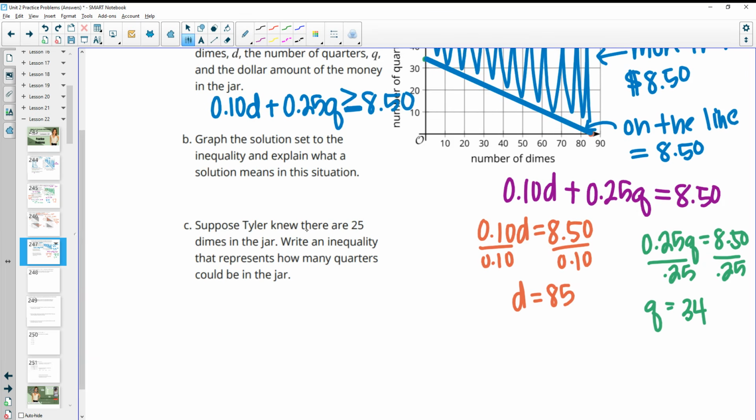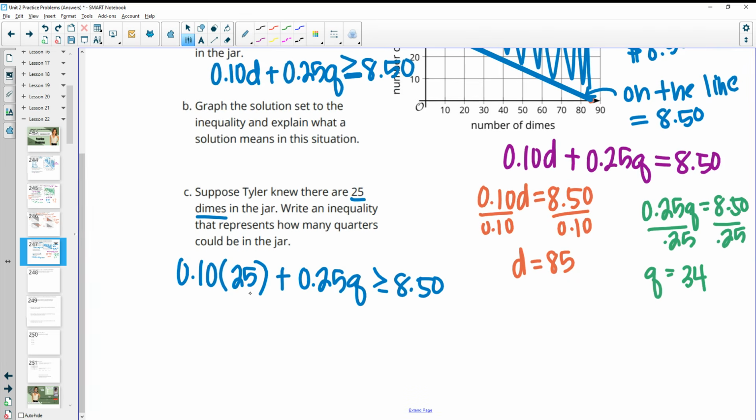Suppose Tyler knew there were 25 dimes in his jar. Write an inequality that represents how many quarters could be in the jar. So we'll just figure out the amount of money he has in dimes. So we'll plug dimes in. And then we want to figure out how much we have left of the $8.50.